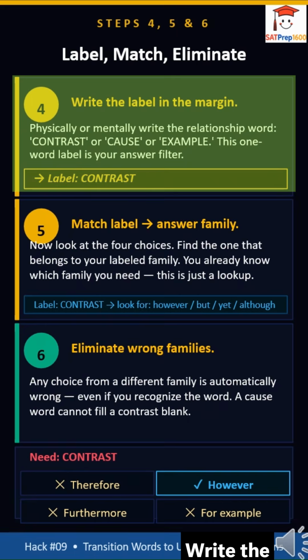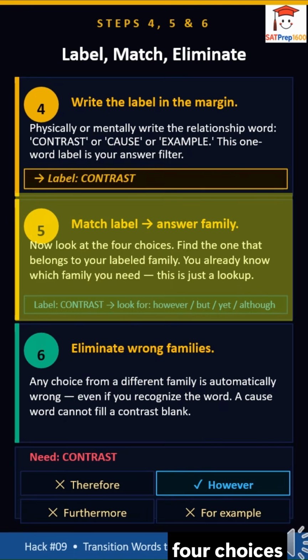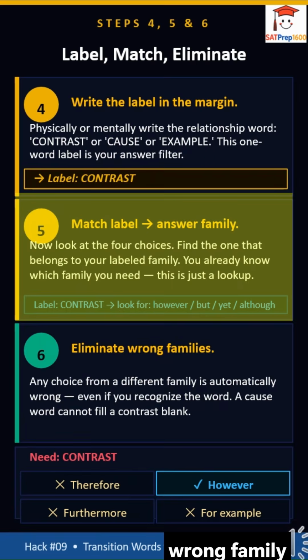Step 4. Write the label. Contrast. 1 word. This is your filter for everything that follows. Step 5. Look at the 4 choices and find the one from the contrast family. You're not reading them cold. You already know which family you need. Therefore, wrong family, cause. Furthermore, wrong family, addition. However, contrast family.